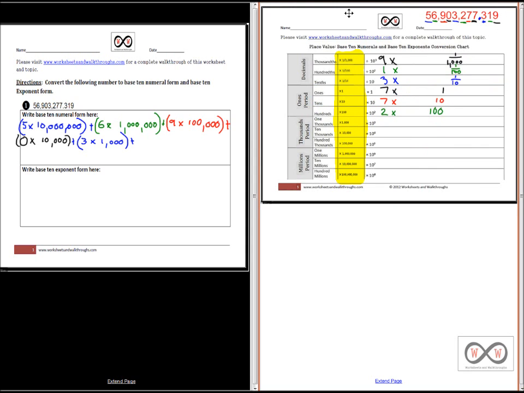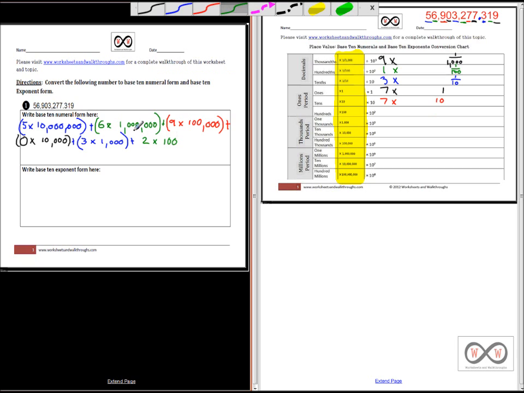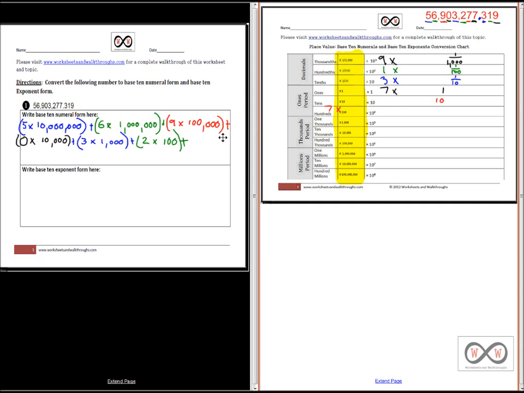Okay, so now we can move two times 100 because we've got our hundreds next. Draw those parentheses right in there. Plus our next values. We've got a digit 7 times 10 because it's in the tens place.